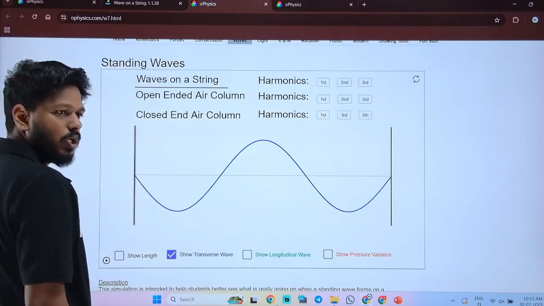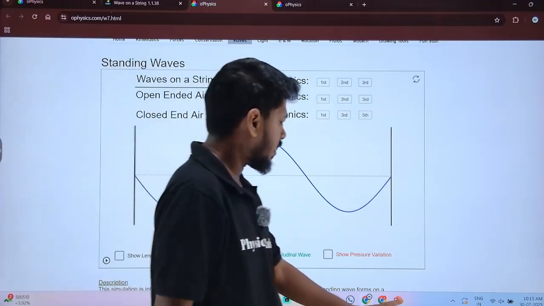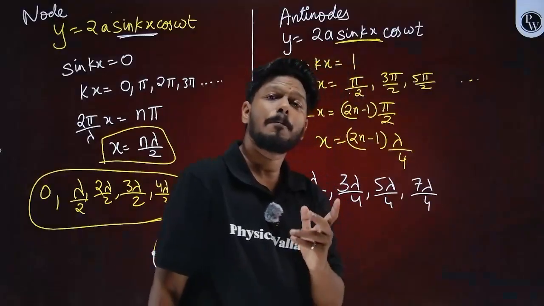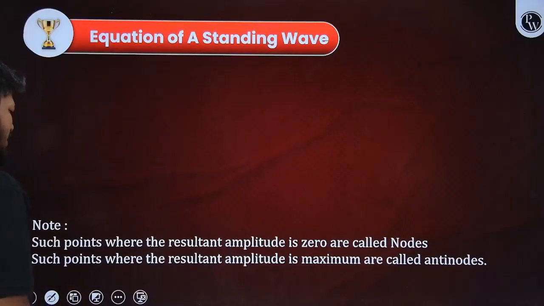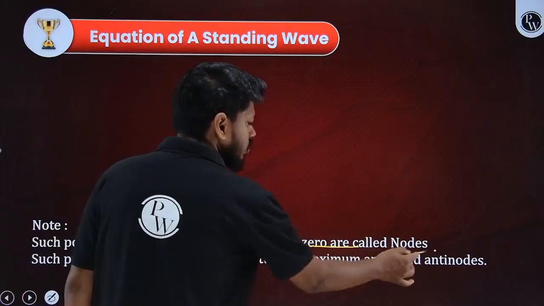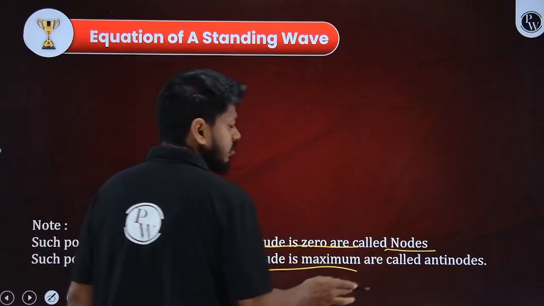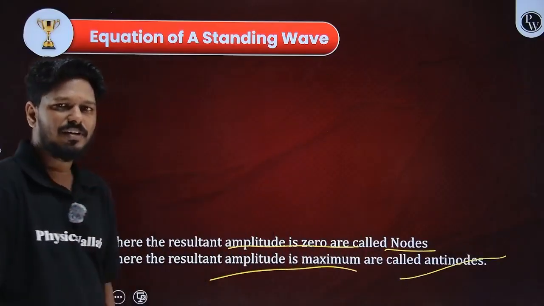Any difficulty? Whenever my distance is λ by 4, 3λ by 4, 5λ by 4, I am going to get a maximum. That is what we call an antinode. Any difficulty so far? Nodes and antinodes. So the point where the resultant amplitude is 0 is called a node, and where the resultant amplitude is maximum is called an antinode.